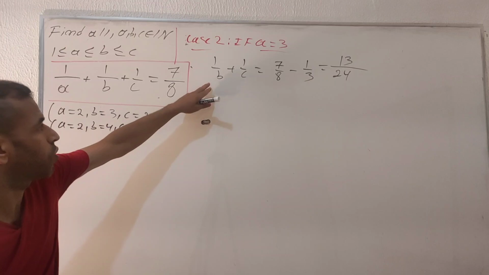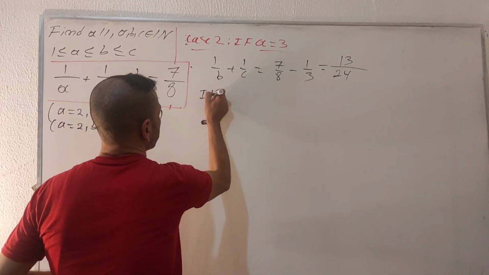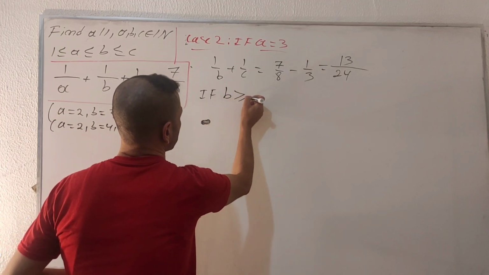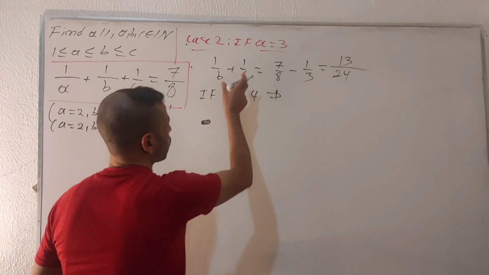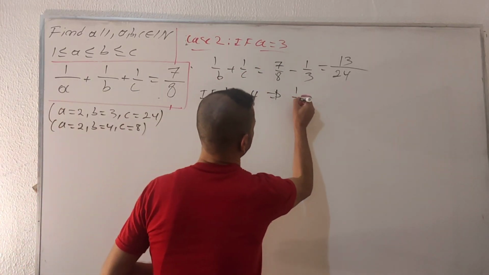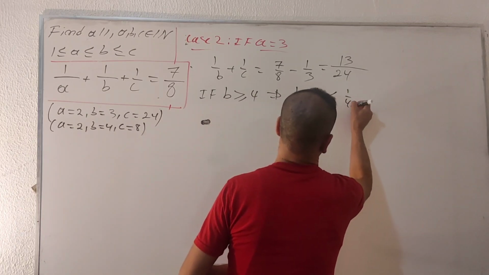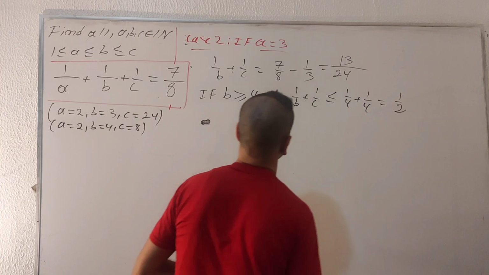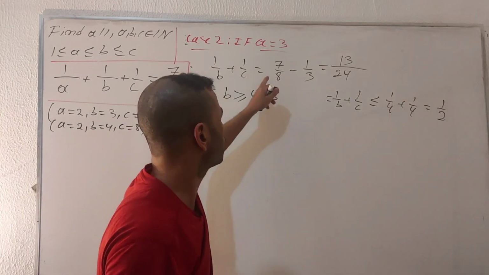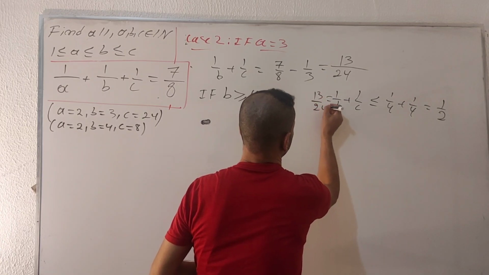Now let's work out how to find b. If b is greater than 4, let's take the sum of these inverses. I get 1 over b plus 1 over c, which is less than 1 over 4 plus 1 over 4, which equals a half. But for the sum which we found here, we get 13 over 24.